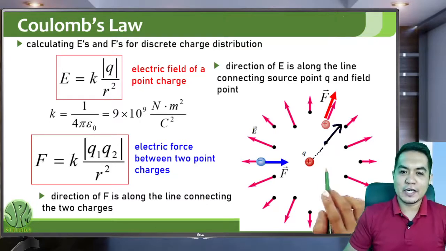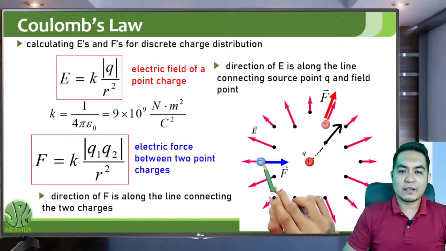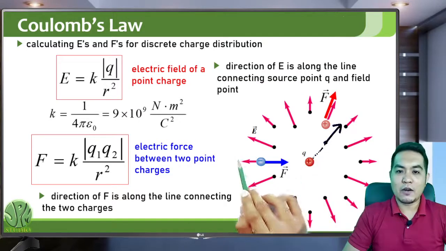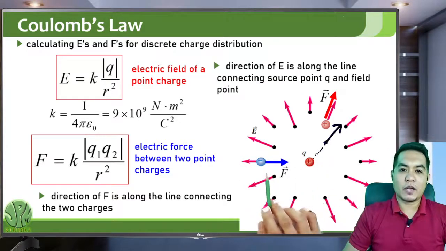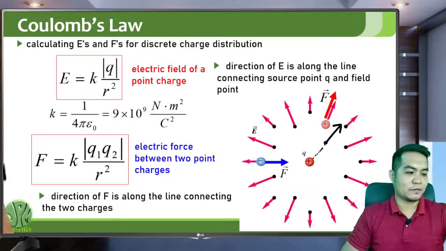For instance, the direction of the force exerted by this Q on this negative charge here is in that direction, but it's along the line connecting them. If you want the direction of the force exerted by the negative charge on the positive charge, it's still along this line, but in the opposite direction.